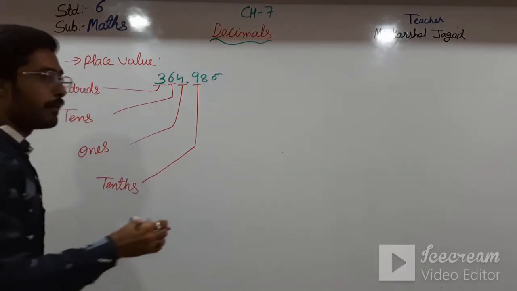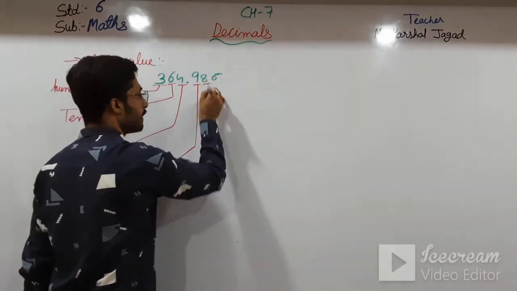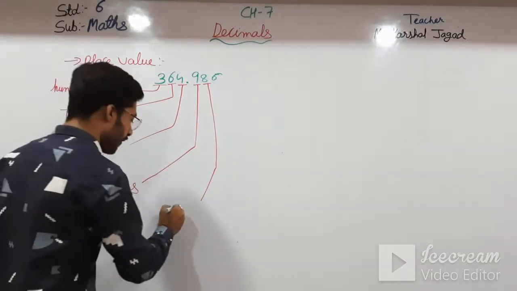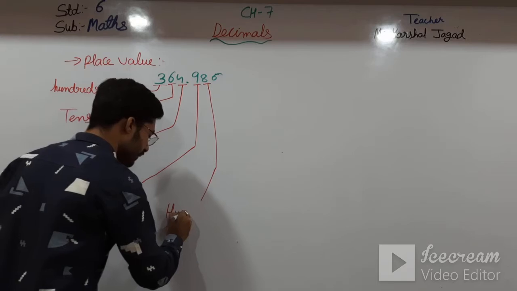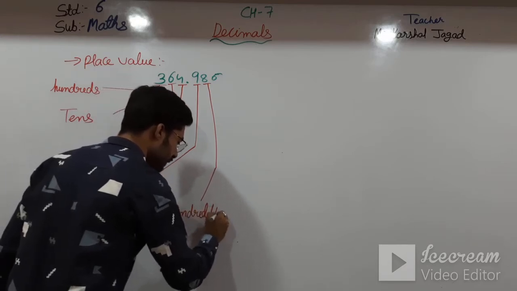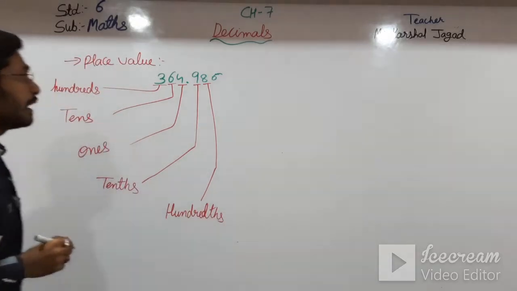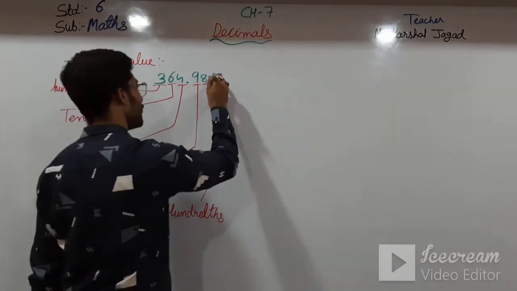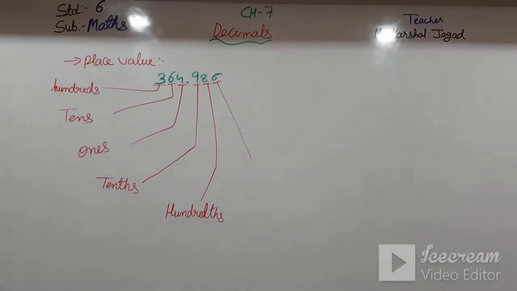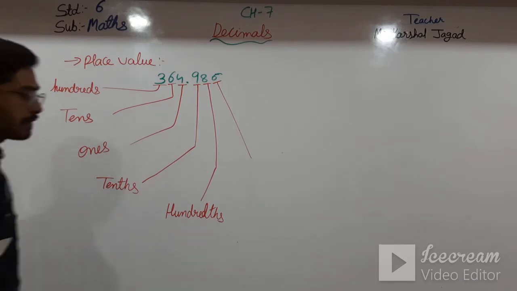Okay, then the place value of 8 is hundredths. And now you can know the place value of 6. First of all, write it down by yourself. That is thousandths.